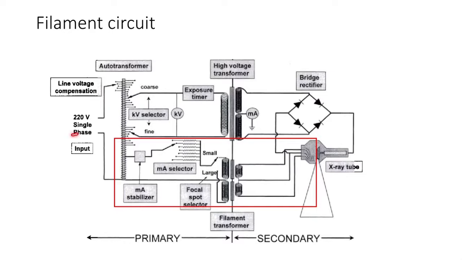It might be that our signal from the power plant has fluctuated way beyond what the auto transformer is able to compensate for. So we might be running at a slightly lower kV or sometimes slightly higher. We don't want to unnecessarily overexpose a patient, and also we don't want to operate our X-ray machine when we're not getting optimal X-ray photons.